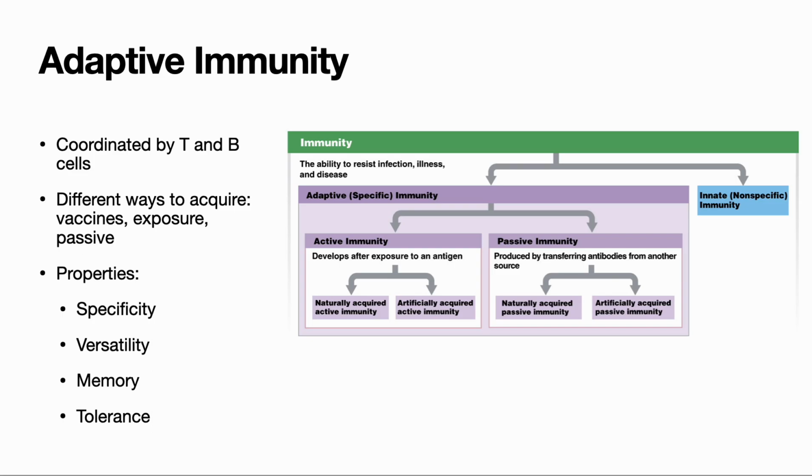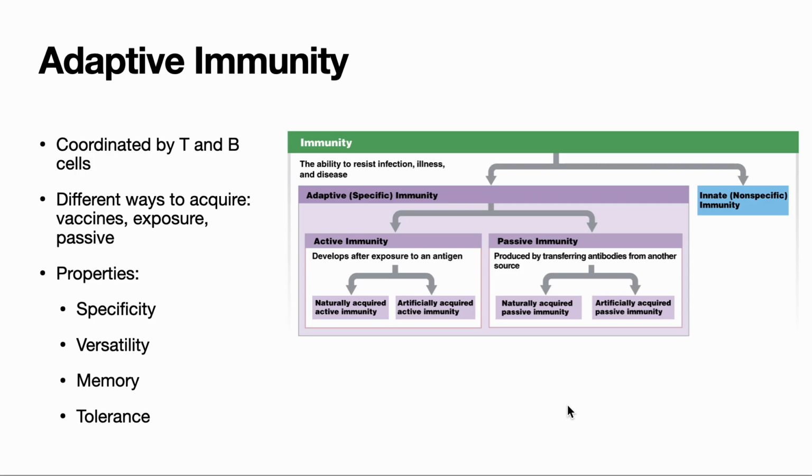The most common example of this that occurs naturally is from mom to baby through breastfeeding. So mom's antibodies transfer to baby through breast milk, and that's going to give baby protection to whatever antigens those antibodies are specific to. We can also harvest antibodies from one individual and give them to another individual. But in both of these examples, the individual did not make the antibodies, and therefore we consider that passive immunity.